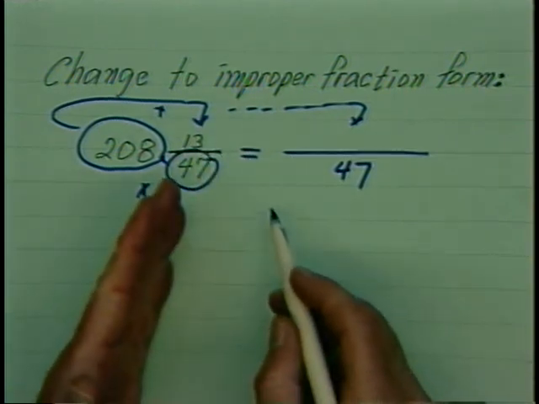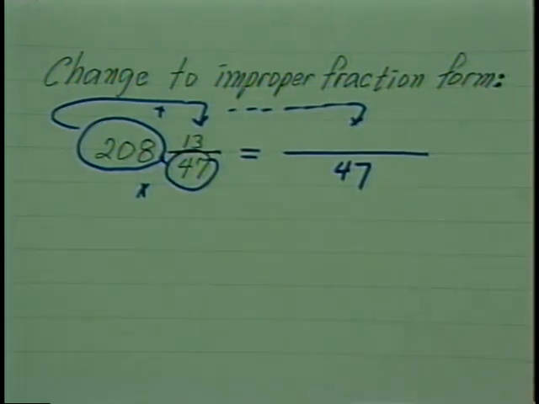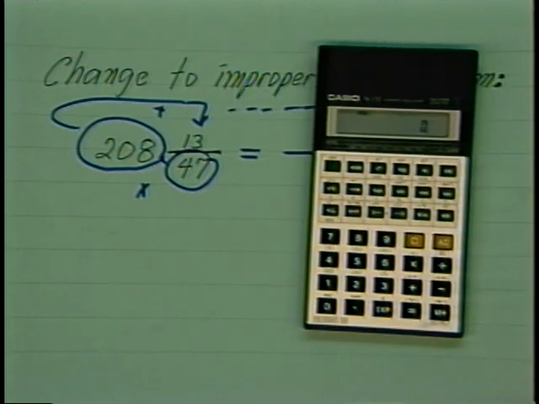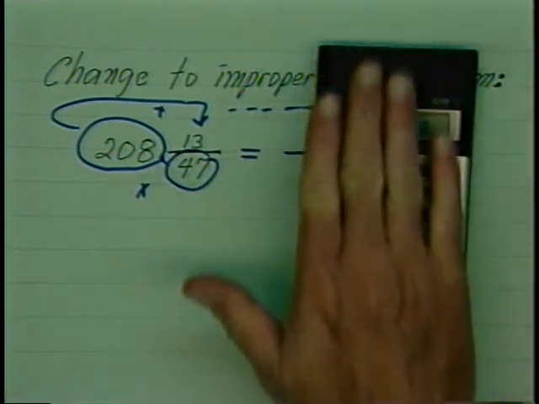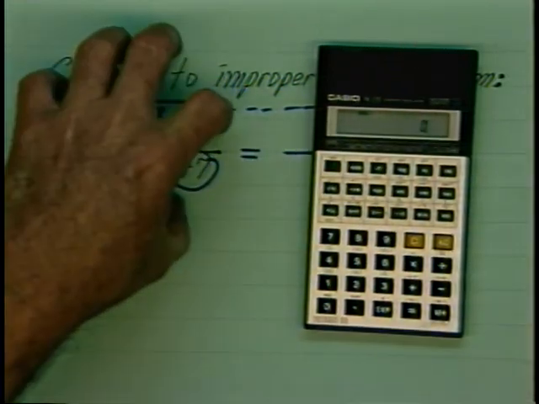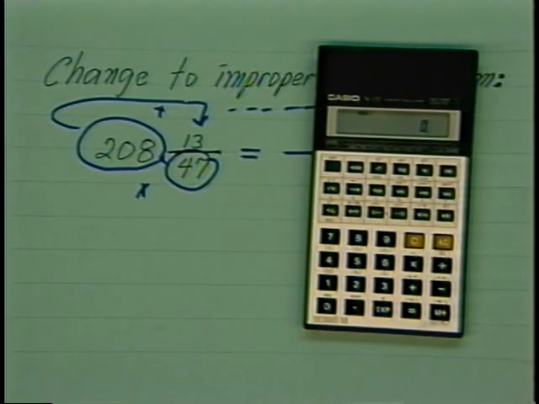Well, we simply will multiply by longhand if that's the way we must do it, and be very, very careful and double check our work, or use a calculator if it's permitted and you have one. So all the calculator does is help us to do whole number arithmetic fast. See, it's not really doing the fraction for us, is it?